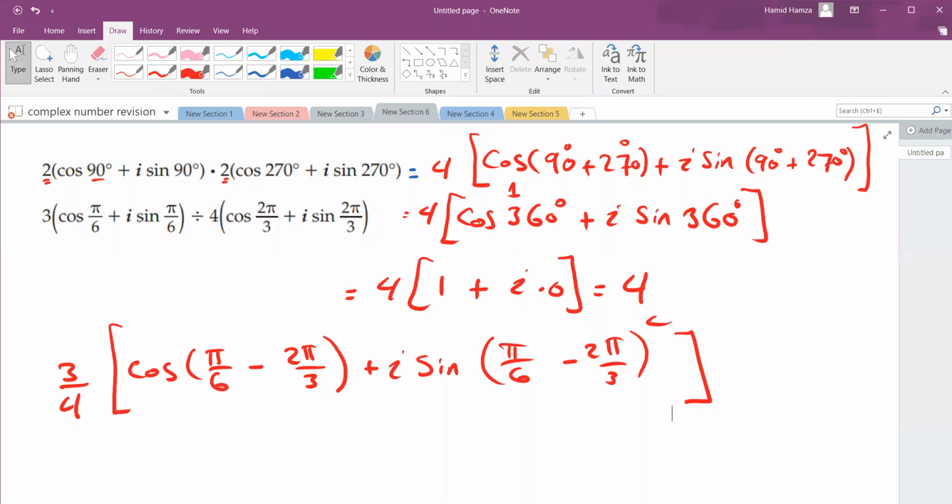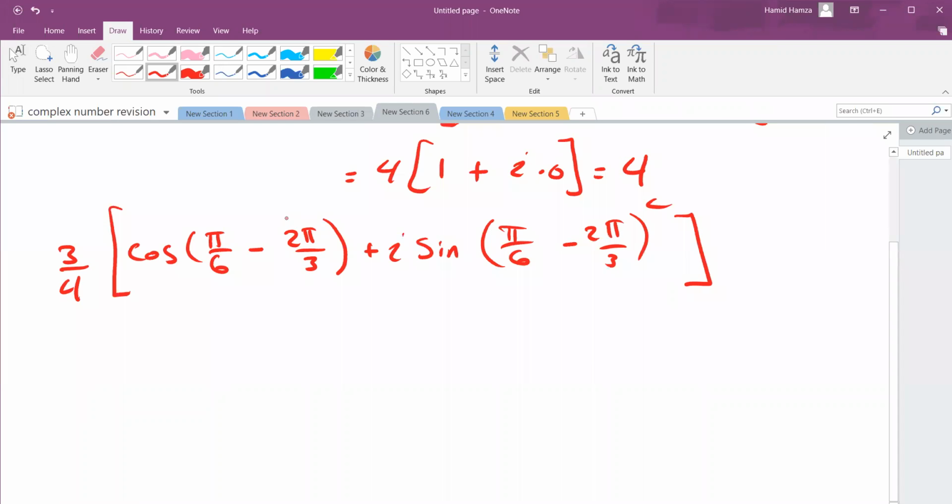Then we subtract the angles, so we multiply here by 2 to make them have a common denominator.